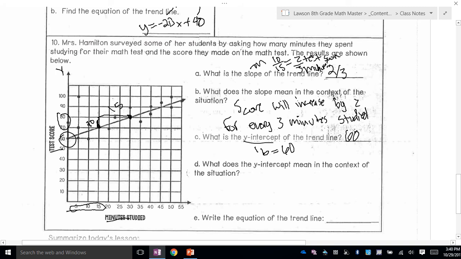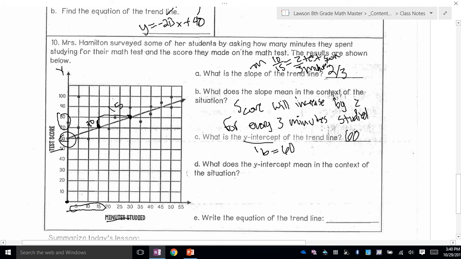Well, how many minutes have they studied where my y-axis is being crossed at 60? 0. So at 0 minutes studied, if you don't study for your test, you're going to make an average of 60, right?